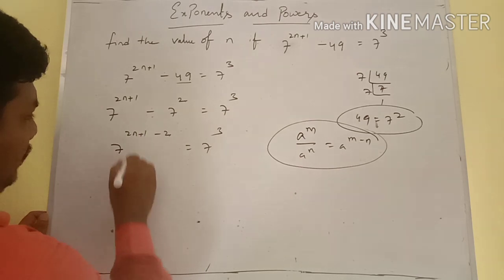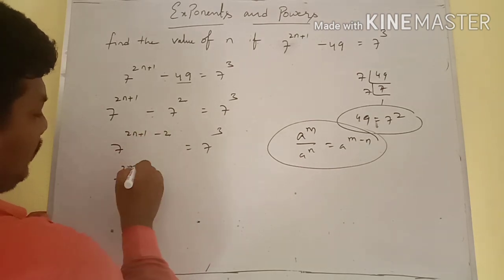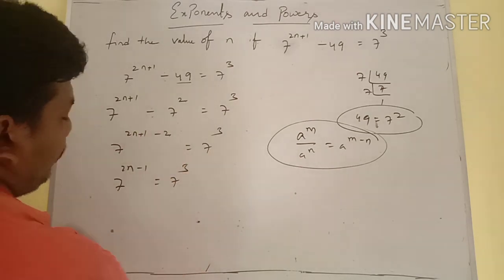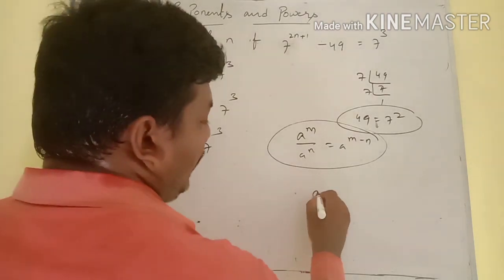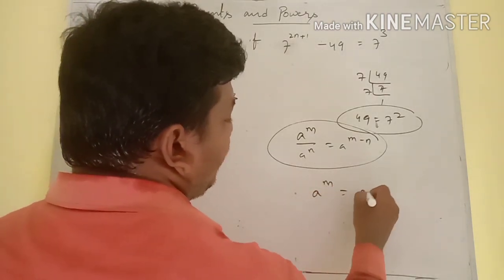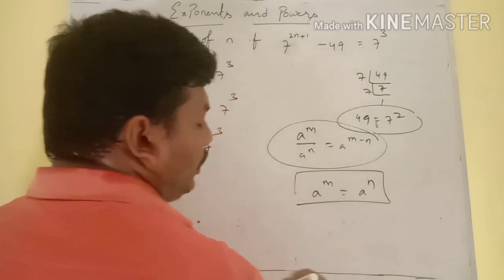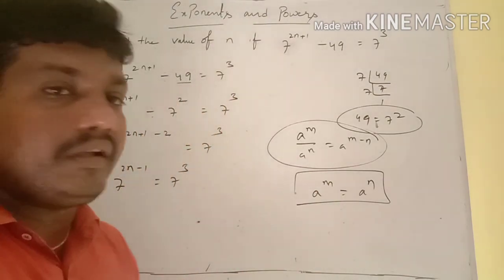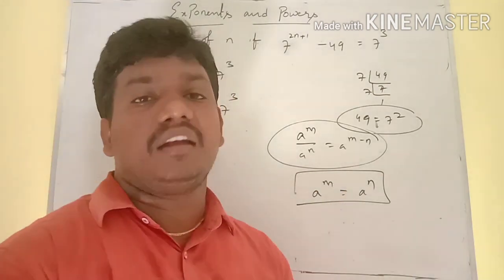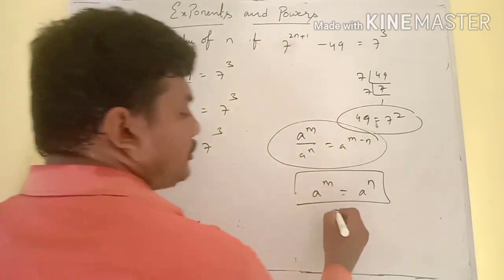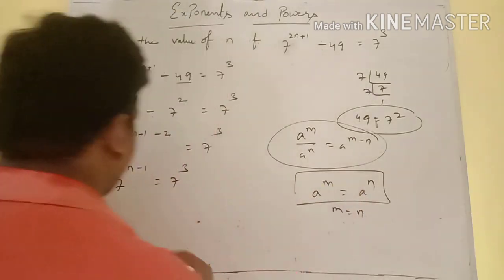Now if two exponents have the same base and are equal, then definitely the exponents also should be equal.